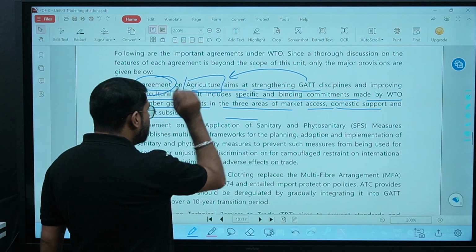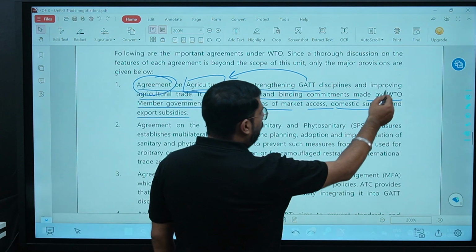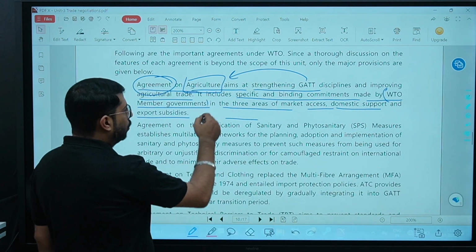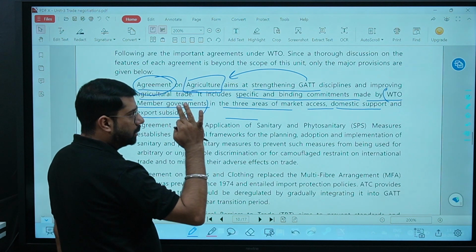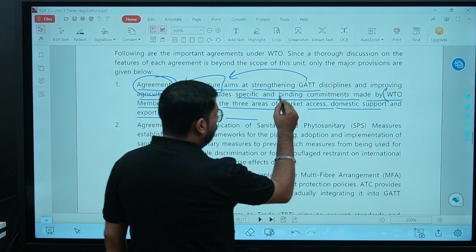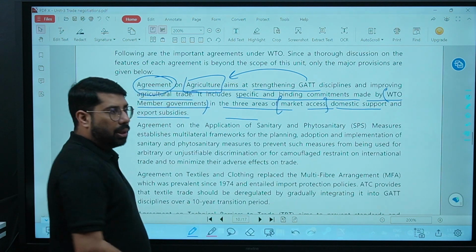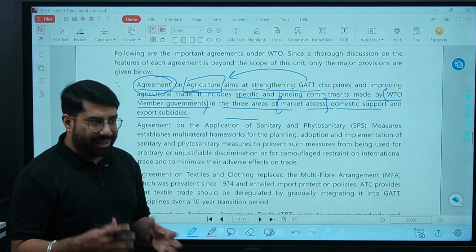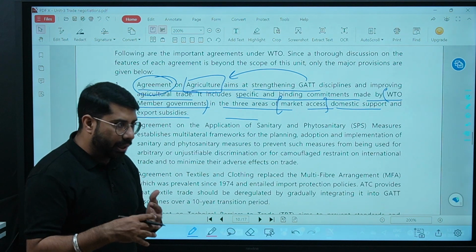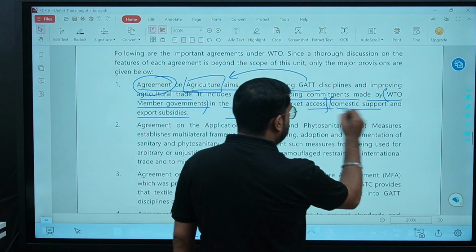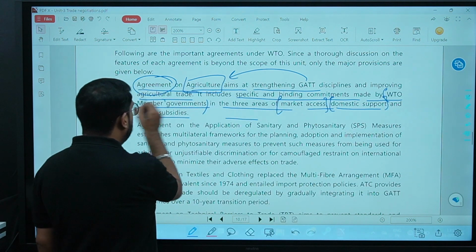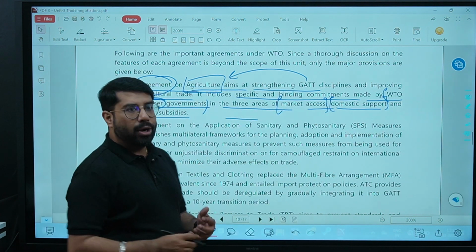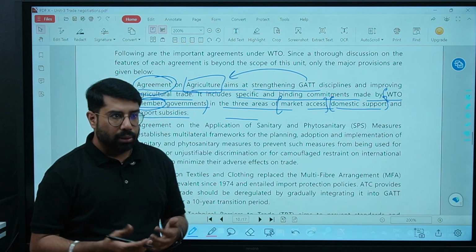In this agreement, WTO member governments work in three areas. First is market access. It means they give good access of market to the WTO member countries so that they can come and trade in those markets. Second is domestic support. The member governments provide domestic support to each government for trading.